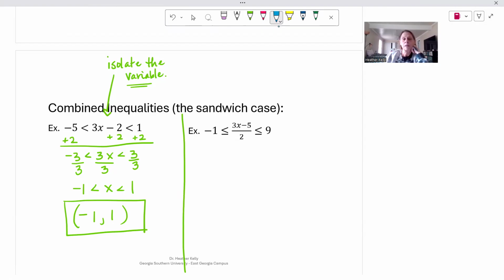Okay, so let's give this one a little you do action. The first thing you do want to do is clear the fractions. We'll multiply all three sides by the LCD.